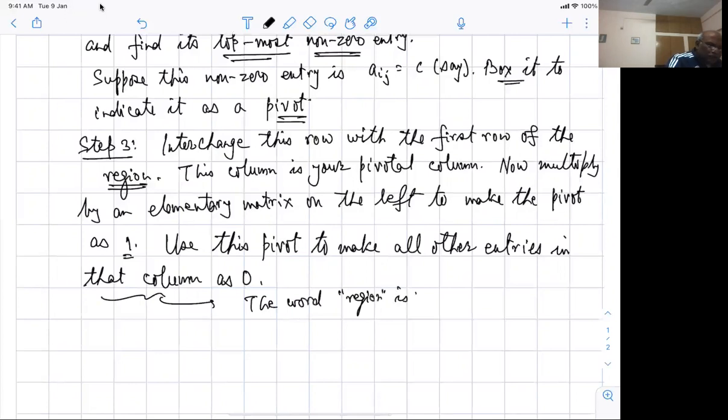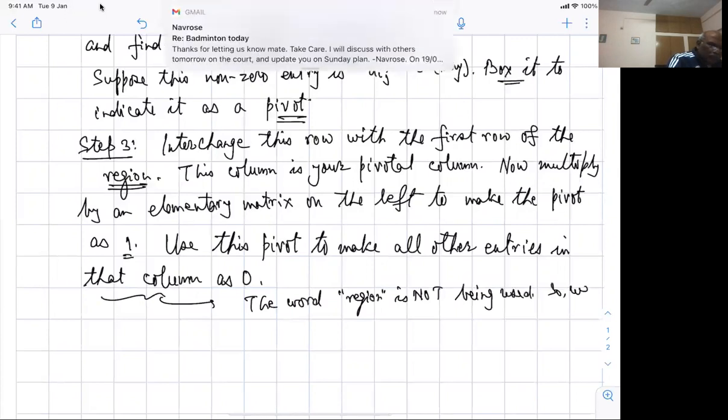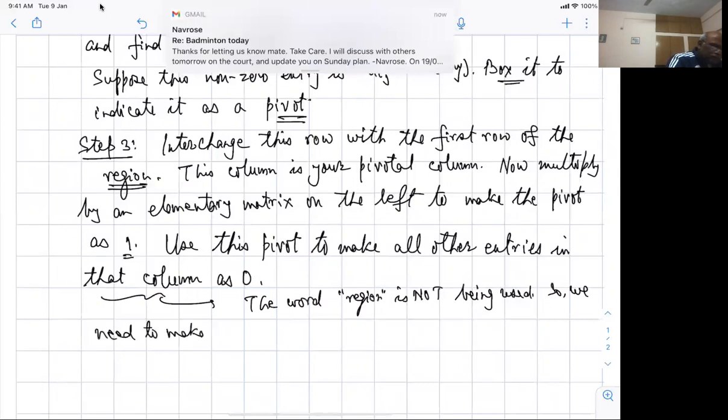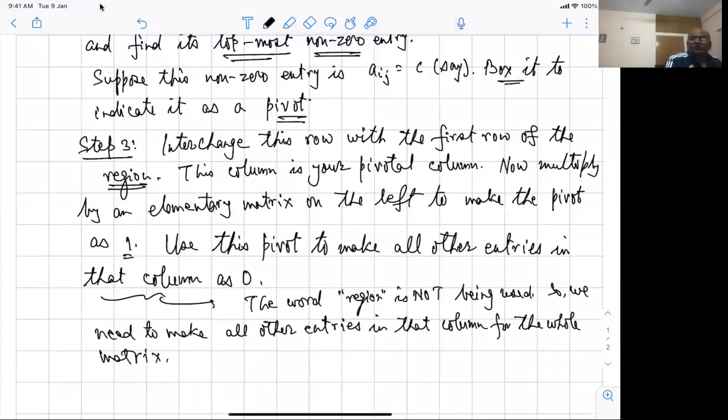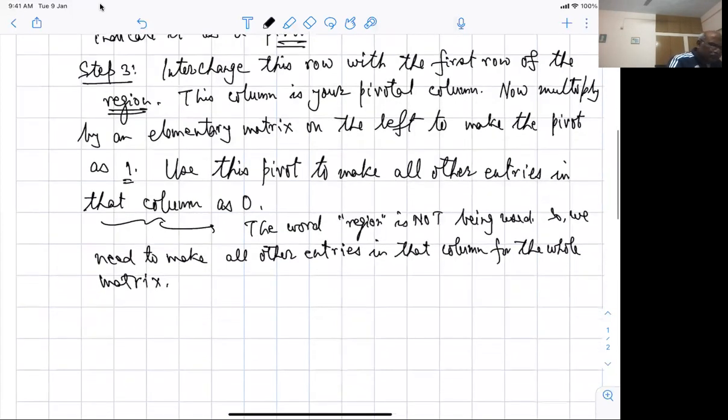We need to make all other entries in that column 0 for the whole matrix. This is what you have to be careful about as far as the algorithm is concerned, but you can do it afterwards also. That's not important, but you have to do it.